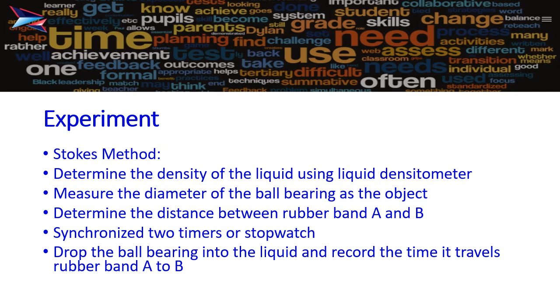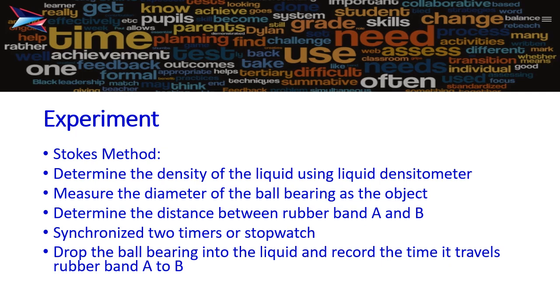The second step is to determine the diameter of your ball bearing. The ball bearing is a bit small, so you need to use a very proper measuring tool and take into account the least count of your measurements. It is better to use a screw micrometer gauge or vernier caliper to determine this diameter.